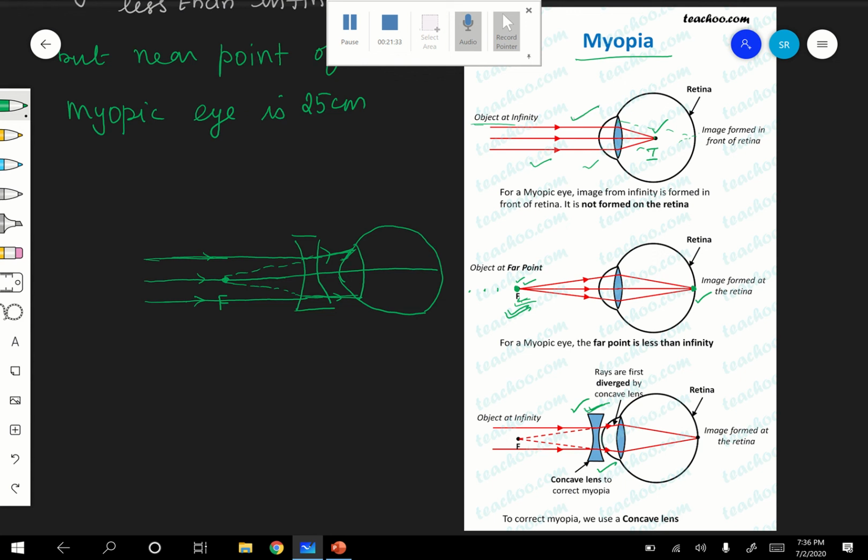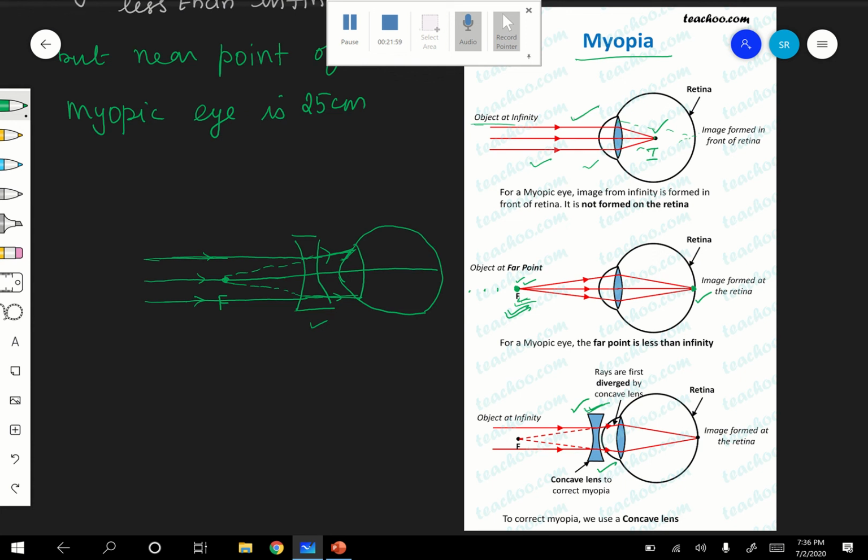The object is actually at infinity. The rays from the object fall on the concave lens, and they diverge slightly or more, depending upon the defect.